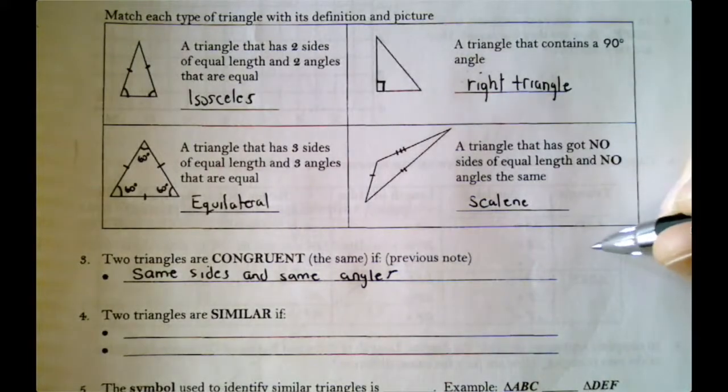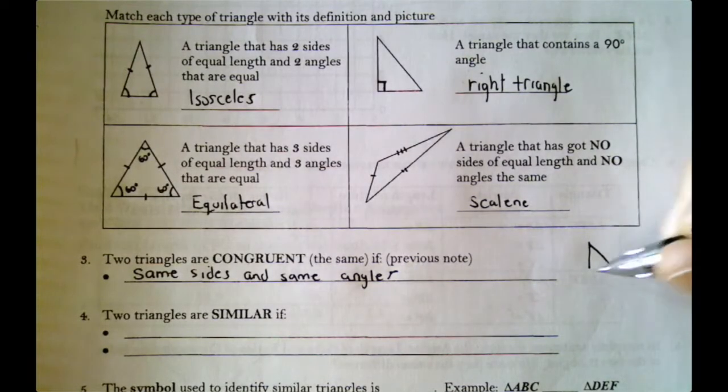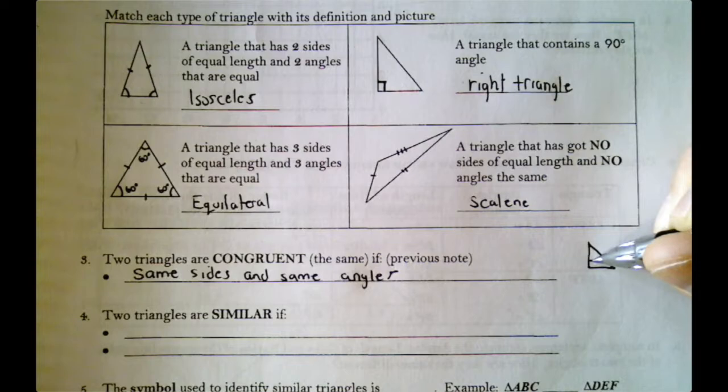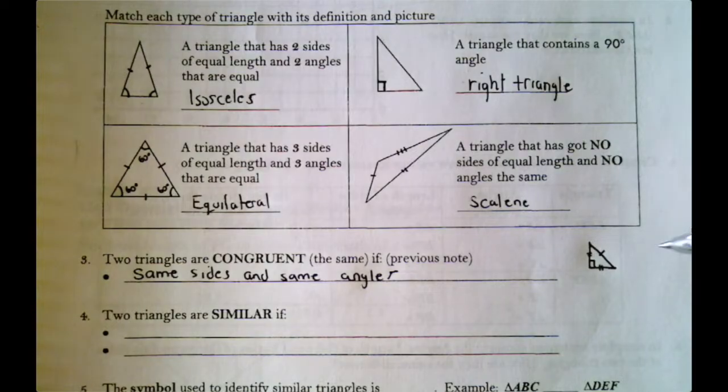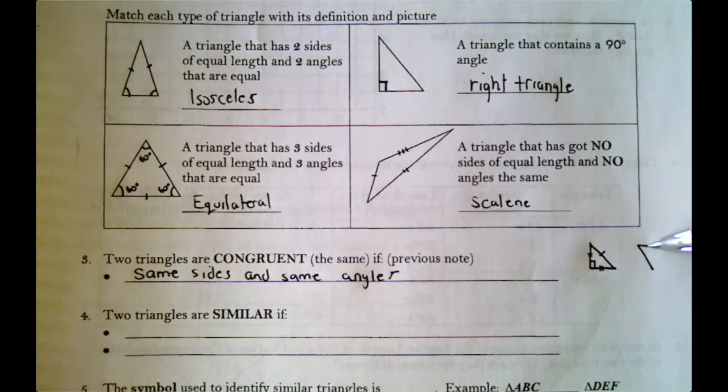So we could have one triangle that looks like this. And that means to have a congruent triangle, we'd have to have the exact same triangle. We can turn it or rotate it, but it has to be identical.